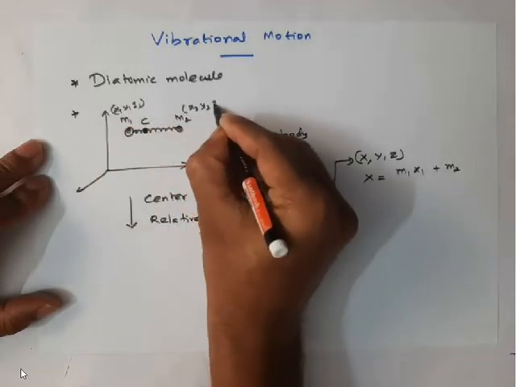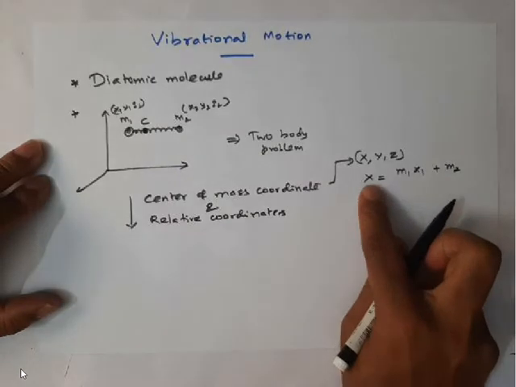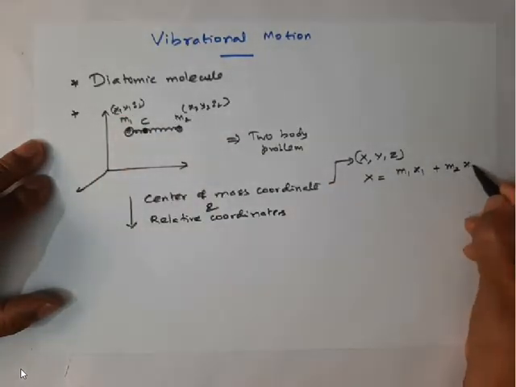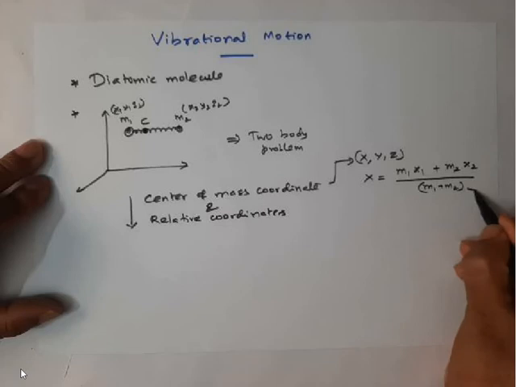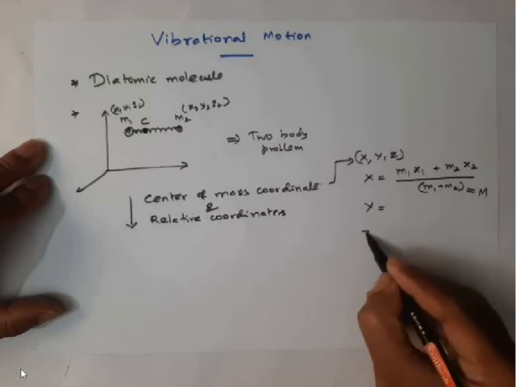Here x1, y1 and z1 are coordinates of this atom, and x2, y2 and z2 are coordinates of the atom having mass m2. So the center of mass coordinate can be written as m1 x1 plus m2 x2 divided by m1 plus m2, where m1 plus m2 is the total mass of the molecule. Let me represent that as M. Similarly, you can define the Y coordinate and Z coordinate.